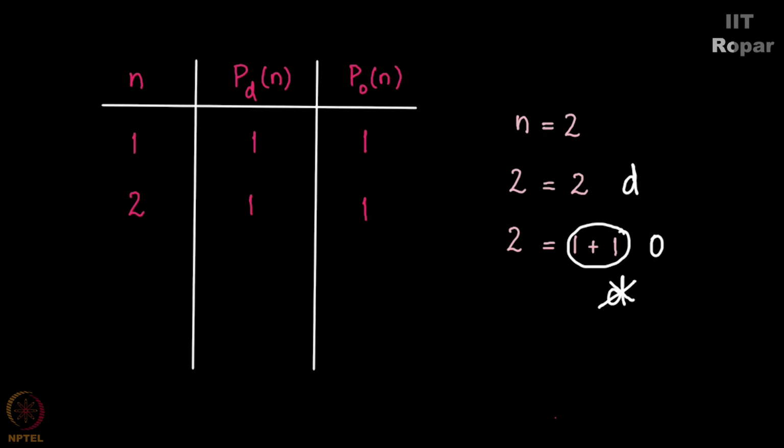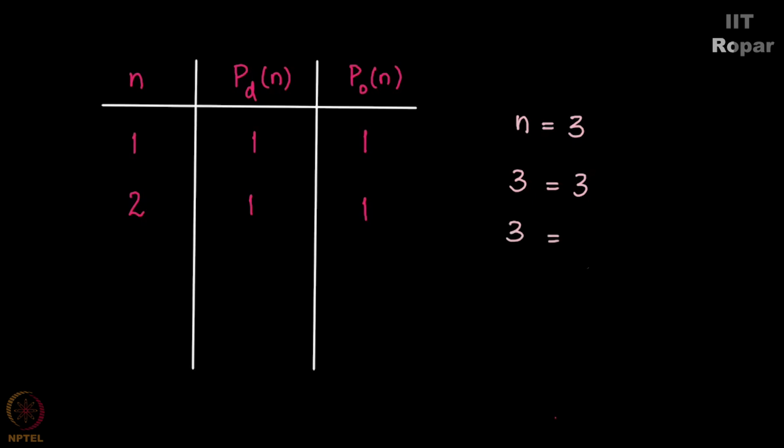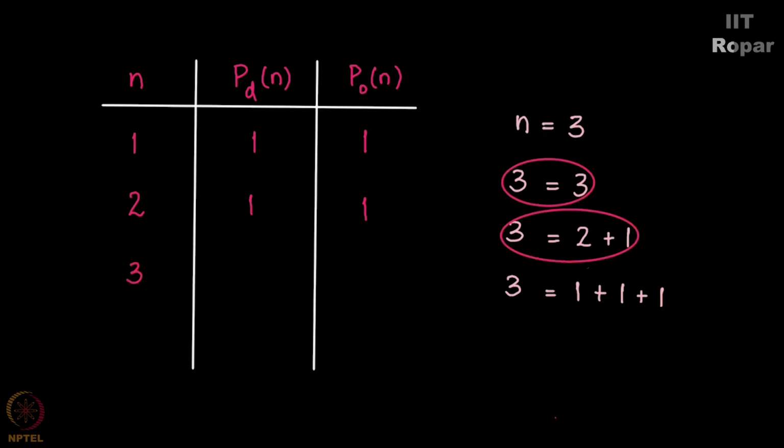Now, let us go ahead and see what it is for n equals 3. Let us see what the partitions are. 3 equals 3 is one such. 3 equals 2 plus 1. 3 equals 1 plus 1 plus 1. So these are the partitions of 3.